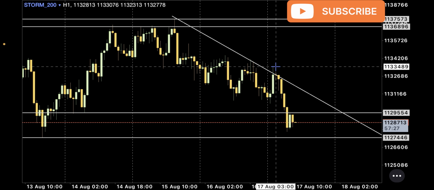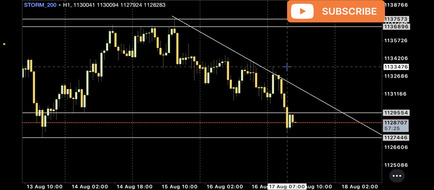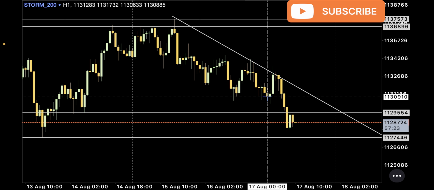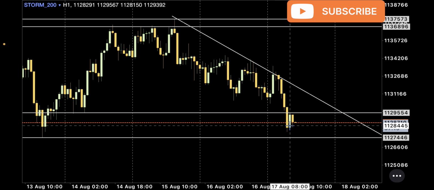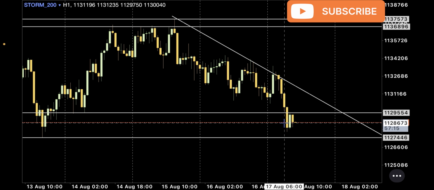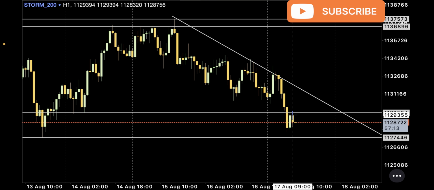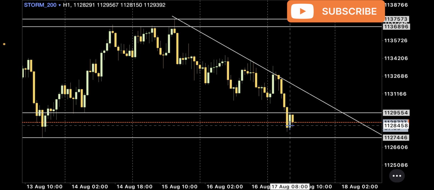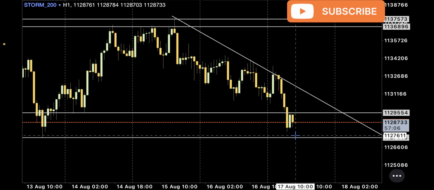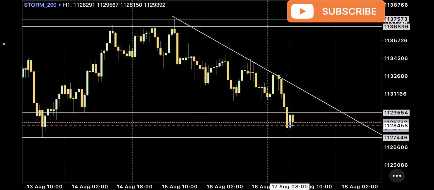As you can see, price is still below this trend line. It came to test it, went down, came back again to test it, and it's still going down. So as you can see here, price is selling heavily.